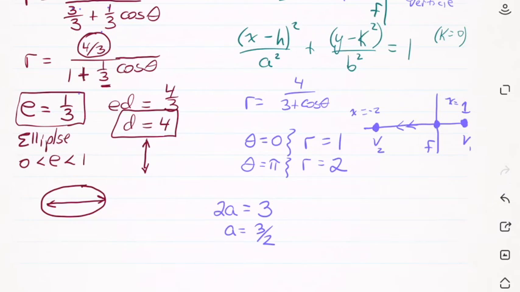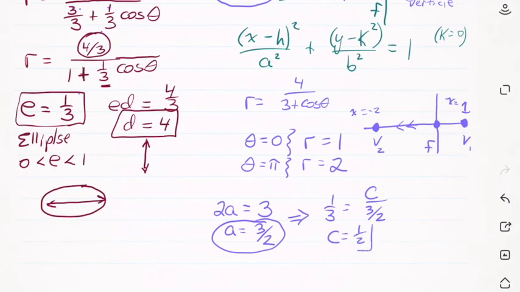A little bit of a messy process, but it'll still work. Now I can take this a equals 3 halves and the formula e equals c over a and find out what c is equal to. So this implies that 1/3 is equal to c over 3 halves, which makes c equal to a half.